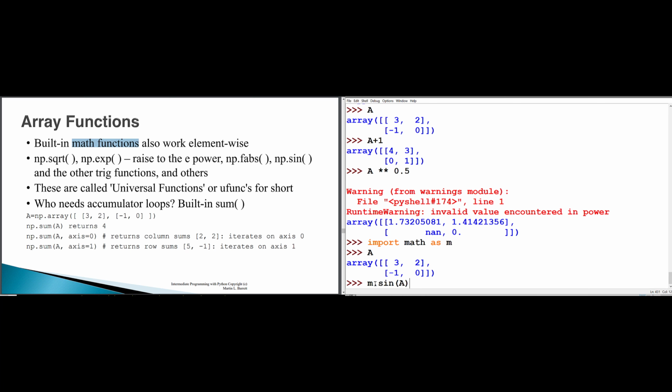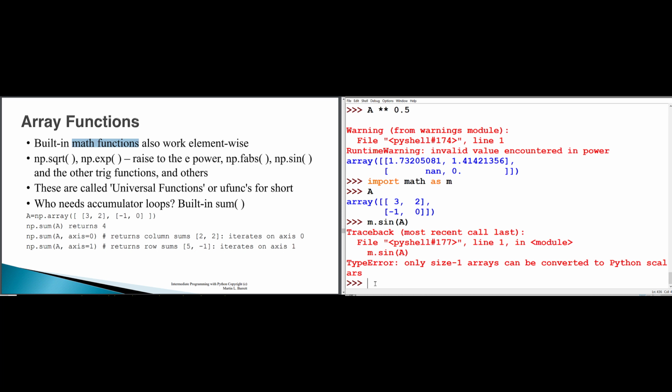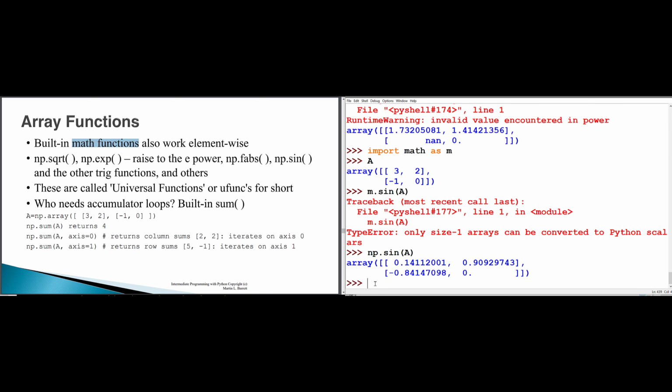Well, unfortunately, this sine function in the math library only knows how to deal with scalar values. And so I get yelled at that this is not going to work. But fortunately, I can use NumPy's sine of a to compute on an element-by-element basis the sines of each of the values contained in a.